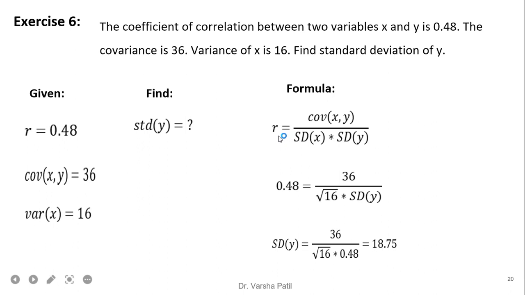As we know, R is equal to covariance of xy divided by standard deviation of x into standard deviation of y. All values are provided except the standard deviation of y, and we solve this equation and get the value 18.75. So the problems are very easy, the only important thing is to remember the formula.